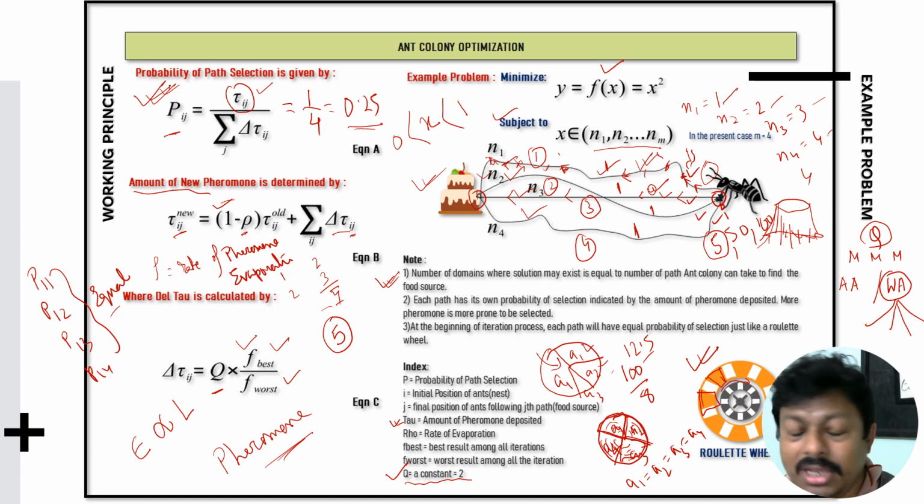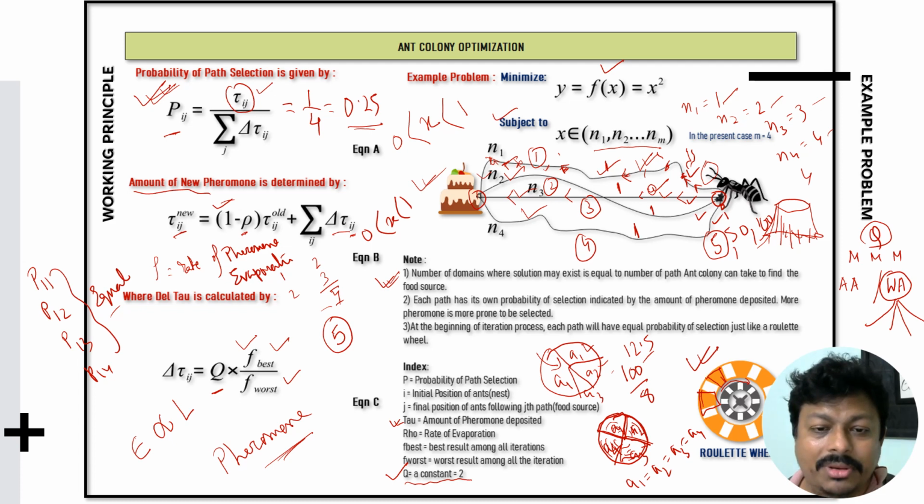How will you generate them? In case of a continuous optimization problem, the domain was continuous, x can be within 0 to 1, so any value you can take within 0 to 1. But this is not the case for this discrete problem. There are 4 different domains.